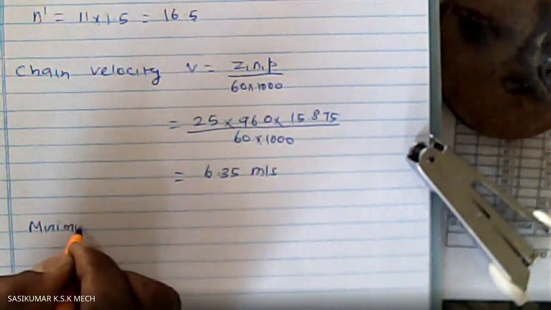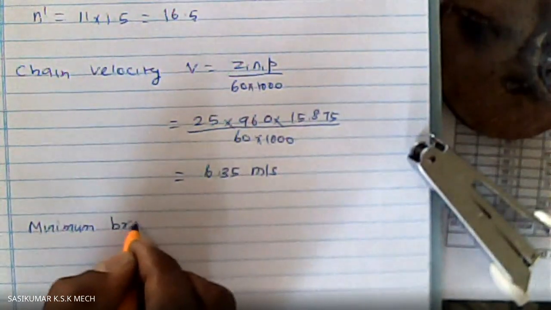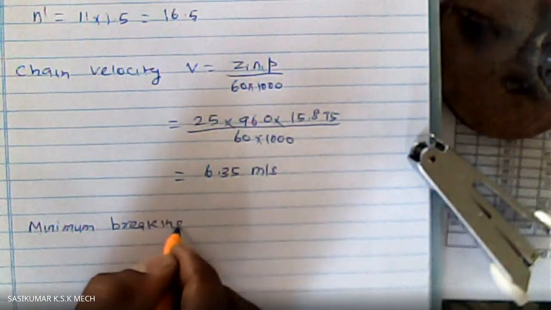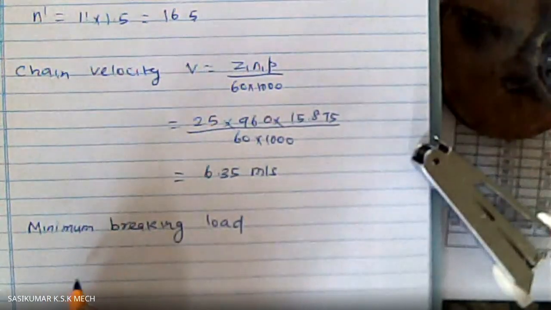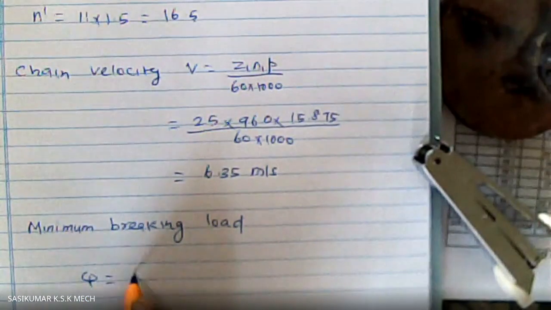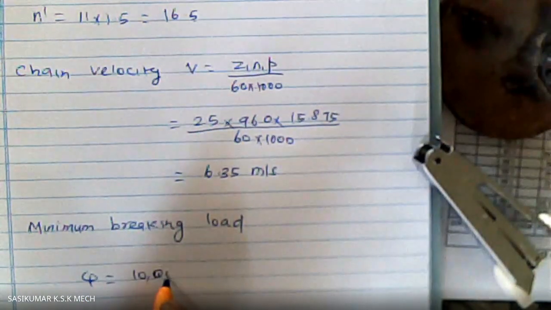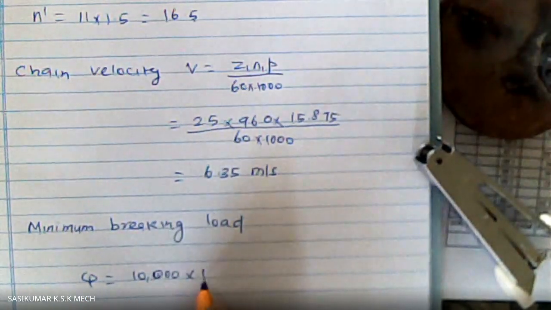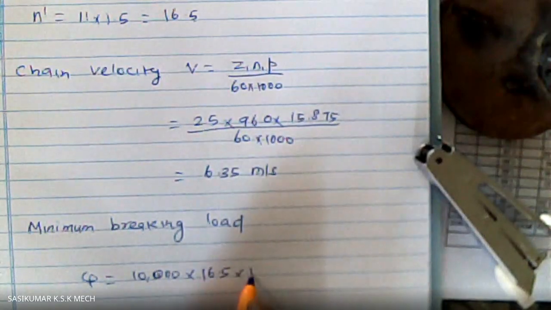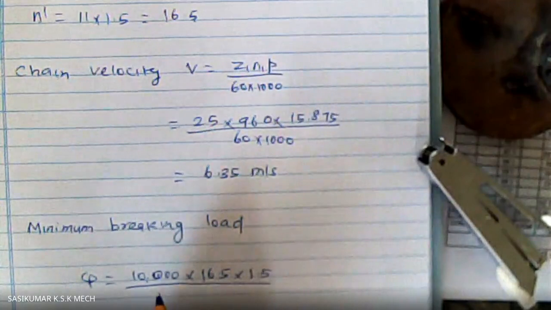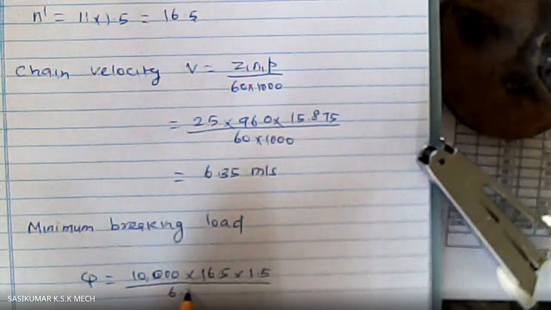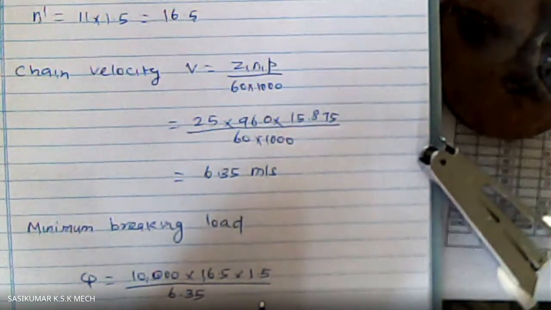Okay, so now the minimum breaking load may be determined. Q is nothing but power, 10,000 watt, into factor of safety 16.5, into Ks 1.5, divided by chain velocity 6.35.